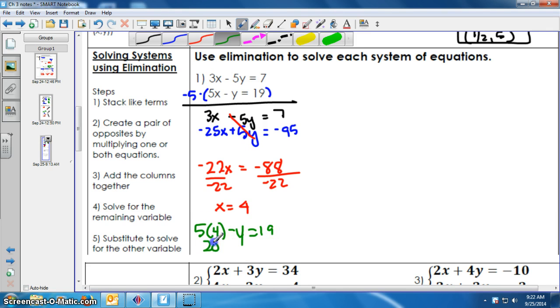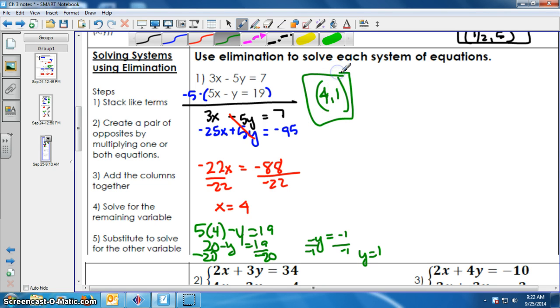So this is 20. You can already see that 20 minus 1 is going to give you 19, but we'll subtract 20 and then divide by negative 1. So y is 1 and 4 is x. So we have 4, 1 as our ordered pair, as our solution.